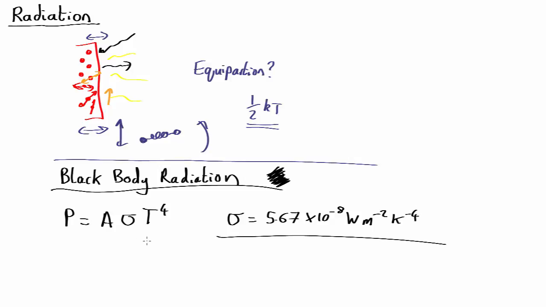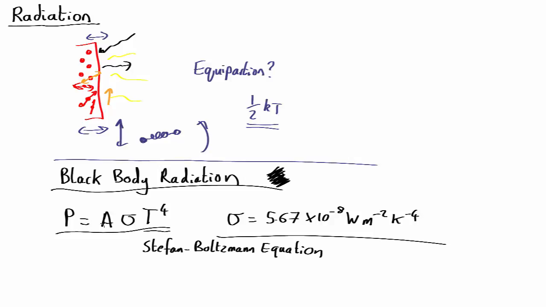So that's called the Stefan-Boltzmann equation. This will tell you how much something that, if it's a perfect black body, will radiate. It depends crucially on the temperature and also on the area. Clearly a bigger area means more radiation.